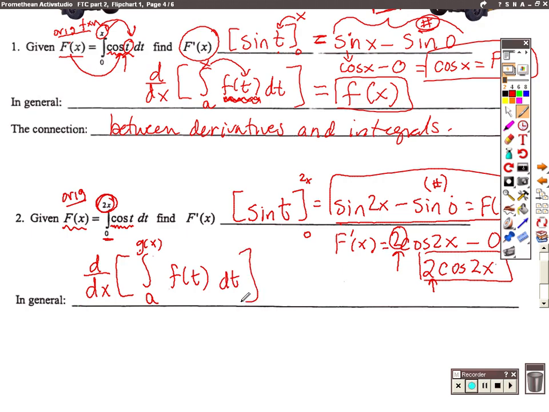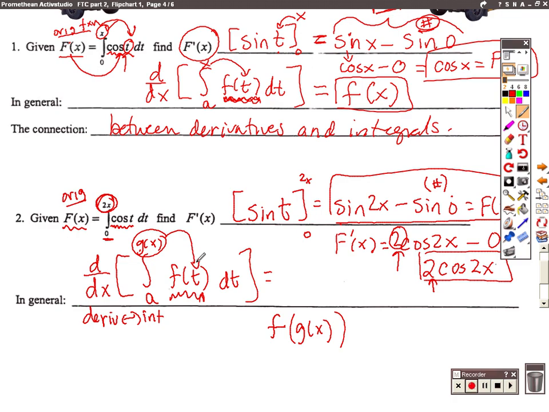Okay, so again, we are finding the derivative of an integral. They're going to undo each other. So it's going to take me back where I started, except the key to success is, I'll write it down here, f of g of x. So in other words, the dummy variable t comes out, and the new function goes in place of t.